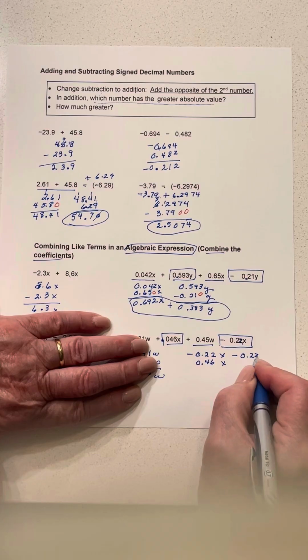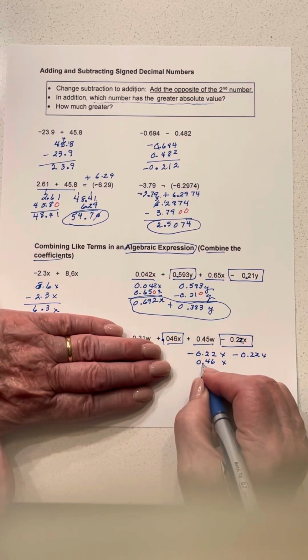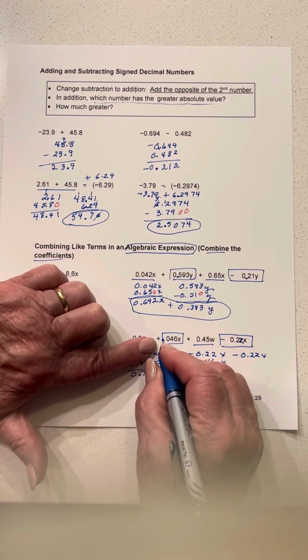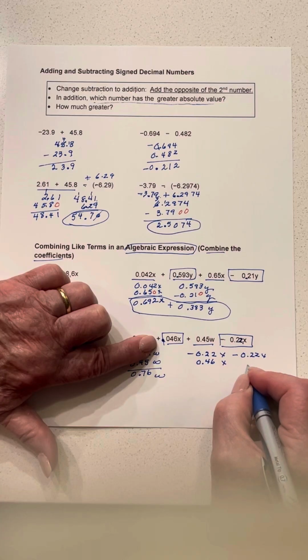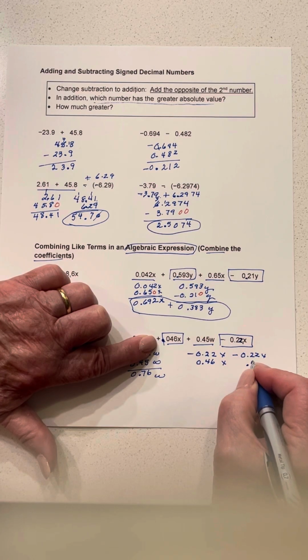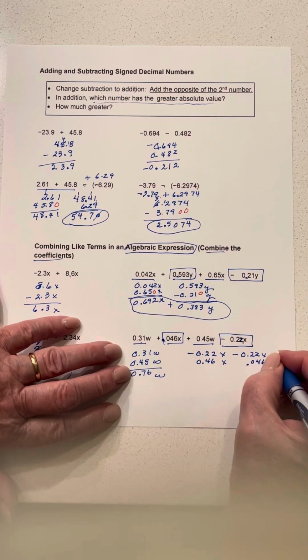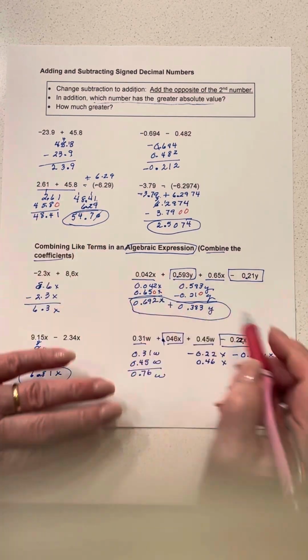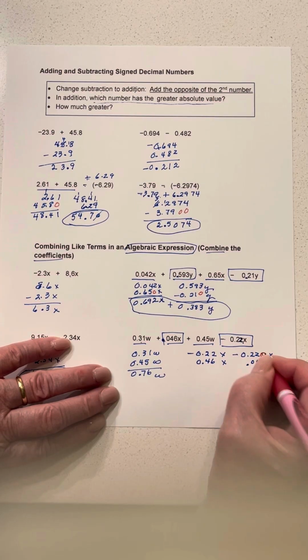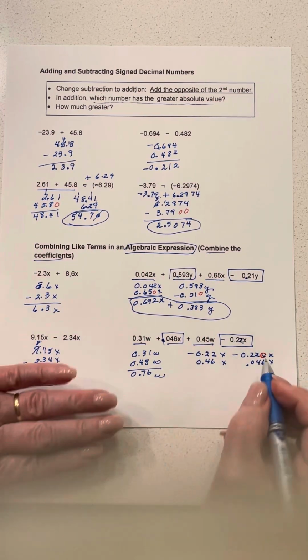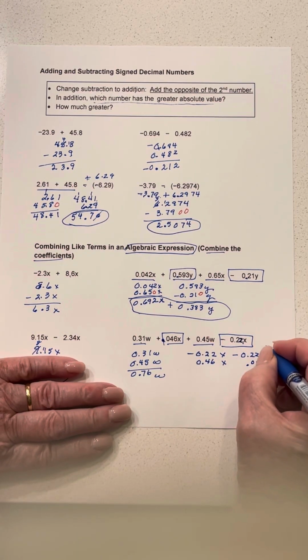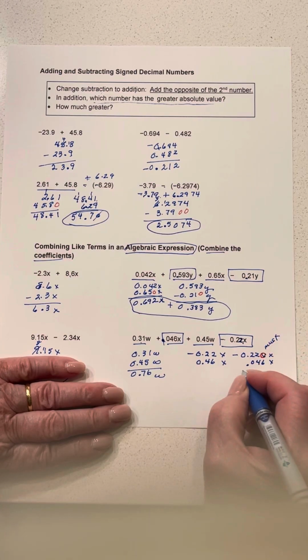I didn't get my decimal point lined up. The decimal point here, so I don't have anything here, and I will need this one. This is a must do because it's on the top.